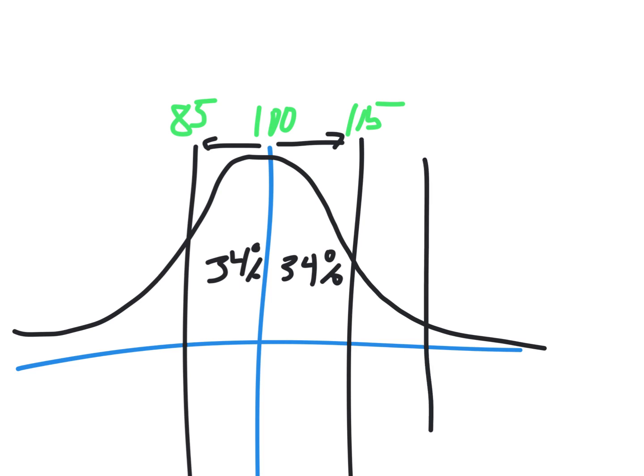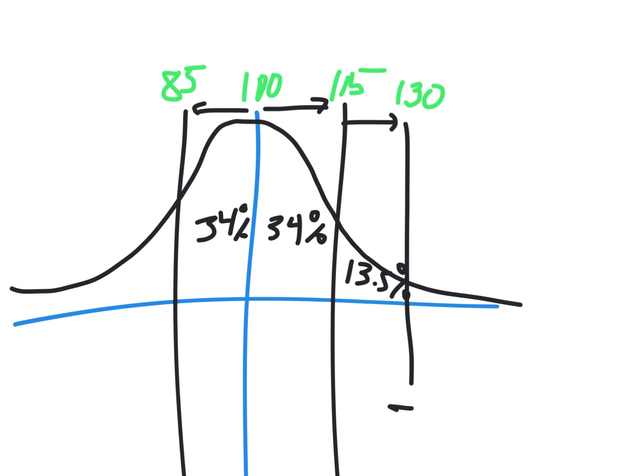If I go out one more standard deviation, this will be 130. That gets to be a really smart kid. 2 standard deviations above normal, see? And then this number here is 13.5. We'll give you these. What if I said, what percent of kids are between 85 IQ to 130 IQ? What percent of kids are in there?